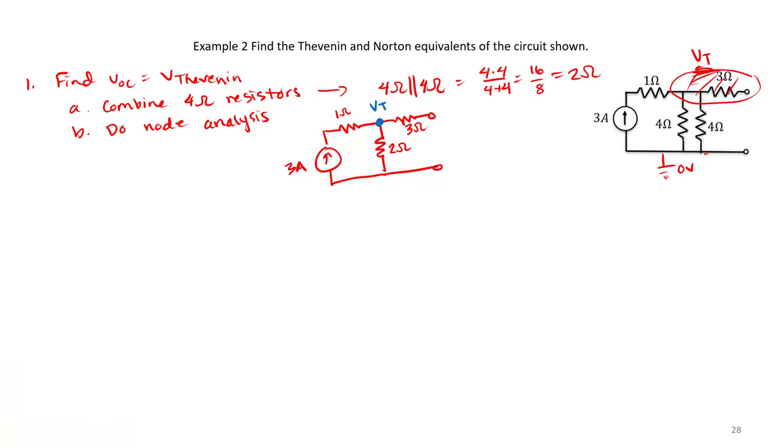So I'm going to go ahead and do node analysis just at these two nodes, and I can determine that I have plus 3 amps coming in minus VT divided by 2 ohms equals 0. So I can go ahead and solve for VT.